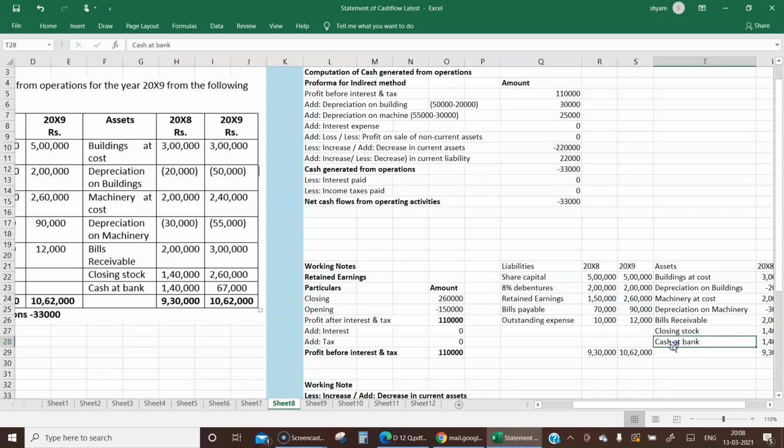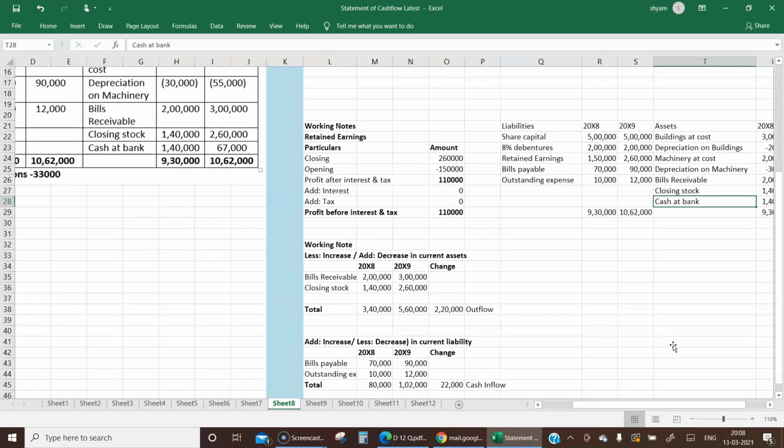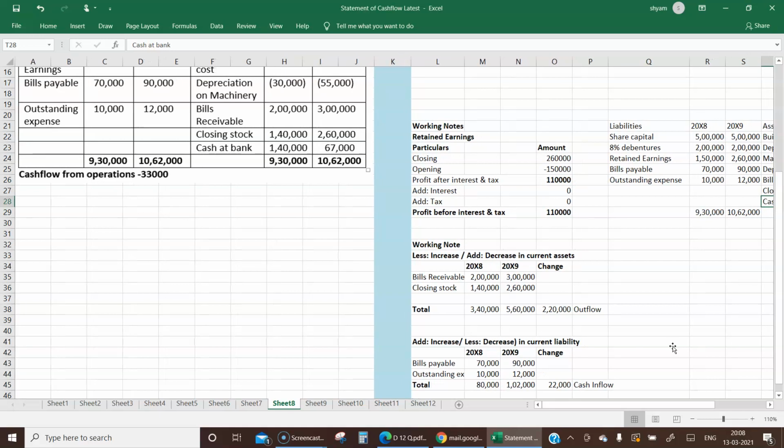So why are we not taking cash at bank? See, cash at bank is the opening and closing number of the entire cash flow statement. Okay, so be very careful with that alone. Okay, if you want, I will put it like this: cash at bank should be ignored as it is used as the opening and closing value of the statement of cash flow.